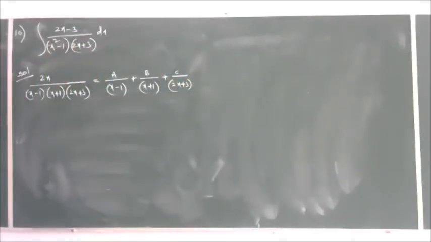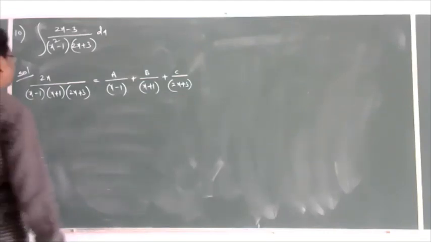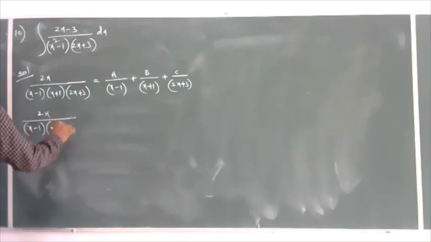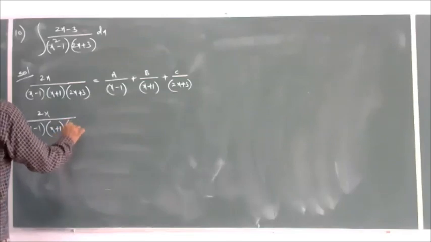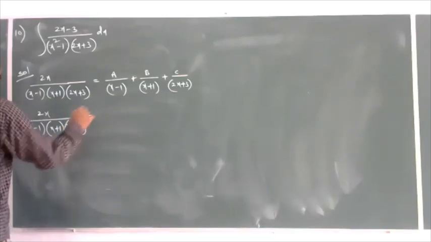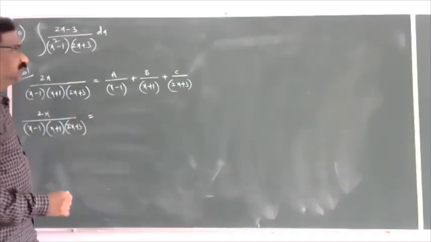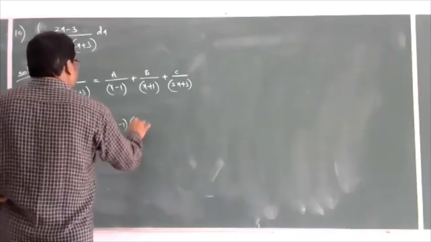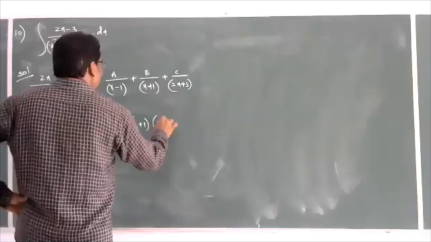Here this is 2x minus 3 by x minus 1 into x plus 1 into 2x plus 3 is equal to, here the LCM is x minus 1 into x plus 1 into 2x plus 3.